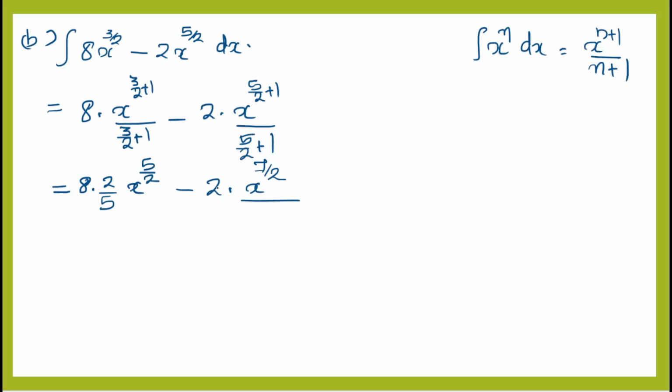Taking the reciprocal, we get 2 by 7. That is 16 by 5 x to the power 5 by 2 minus 4 by 7 x to the power 7 by 2 plus c.